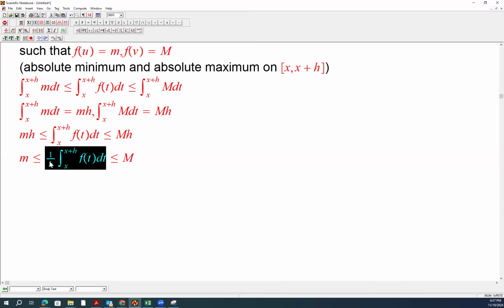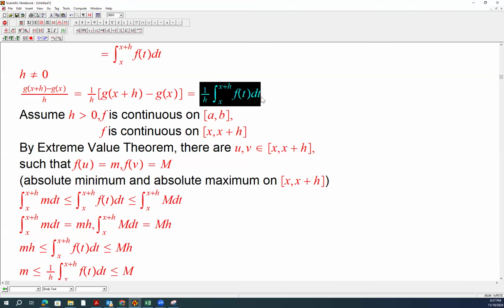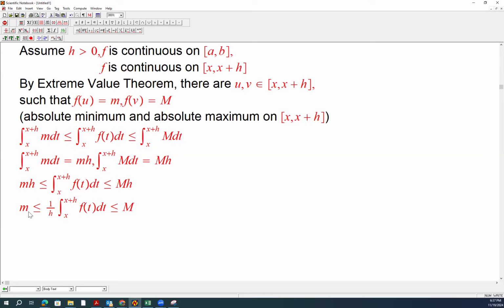So this integration, which is that piece over there, is between the absolute minimum and absolute maximum.